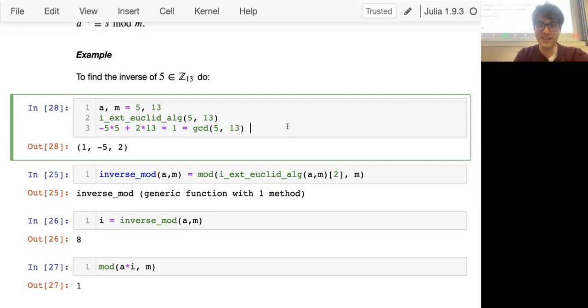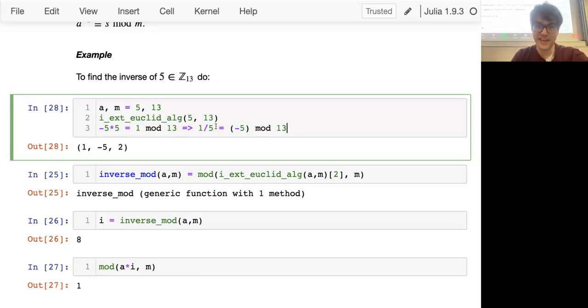Okay, then I want to take this whole thing mod 13, which makes this 0, which gives me this, which implies that 1/5 is congruent to minus 5 mod 13.